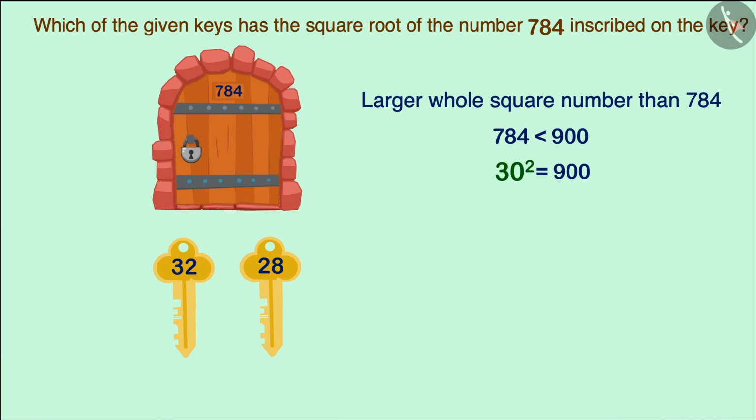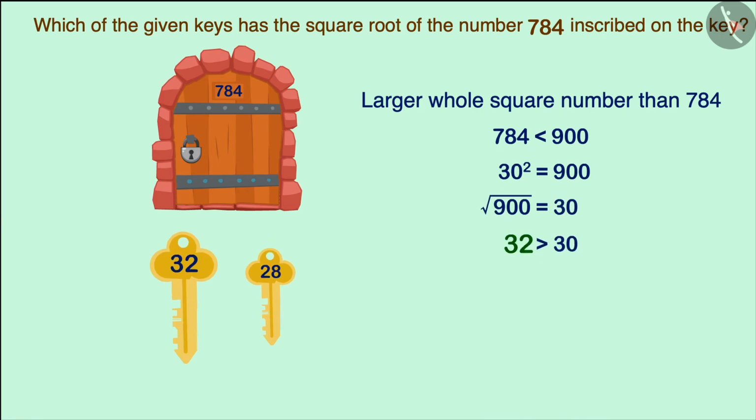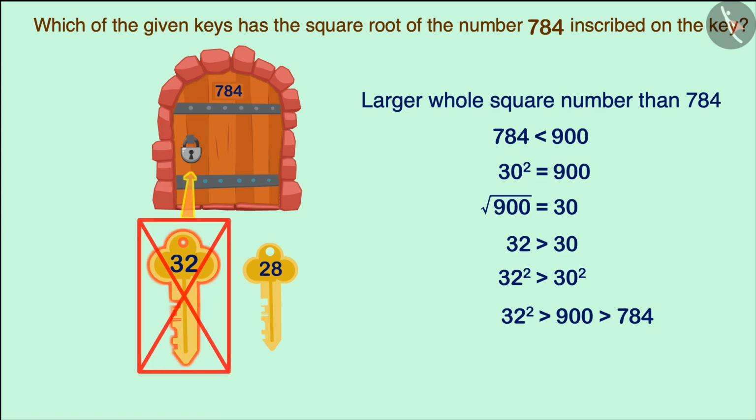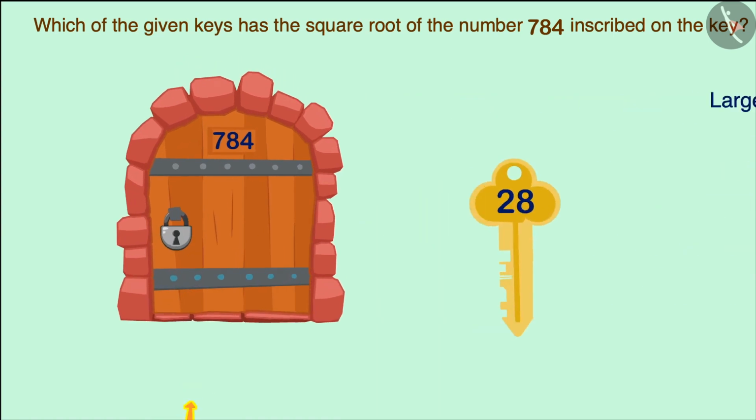We know that the square of 30 is 900. That is, the square root of 900 is 30. Because 32 is greater than 30, the square of 32 will be greater than the square of 30. That is, the square of 32 will not be equal to 784. It would rather be bigger than that. Therefore, the key with the number 32 will not open the lock.